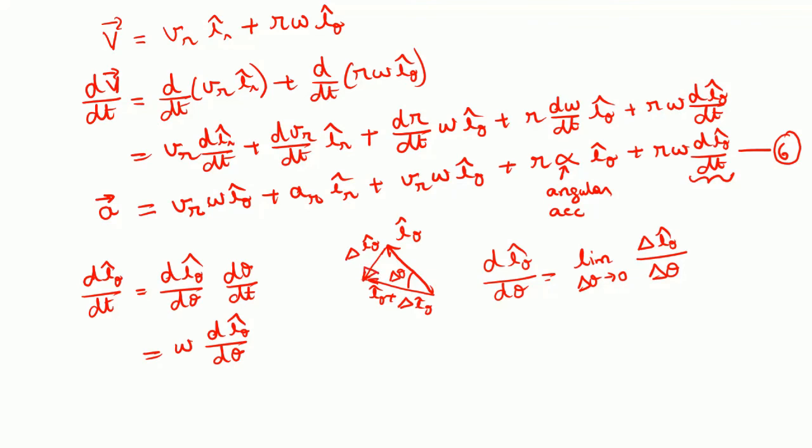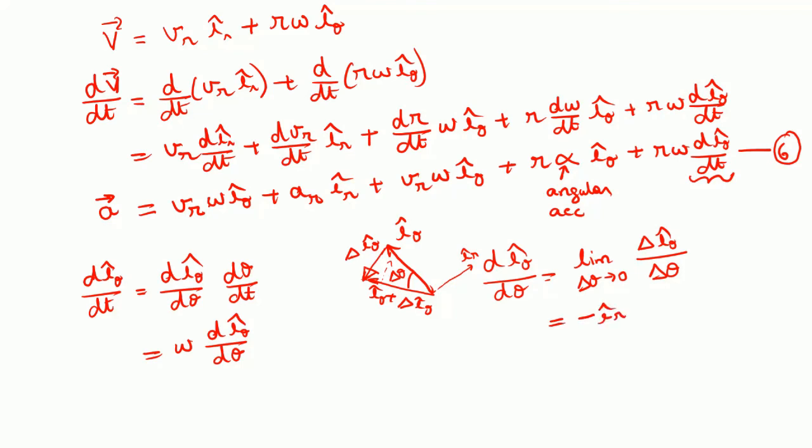This would be my ER, and it approaches minus ER. Observe, when this one goes near this, delta E theta direction is in the direction of minus ER. So that is why this can be written as minus ER.